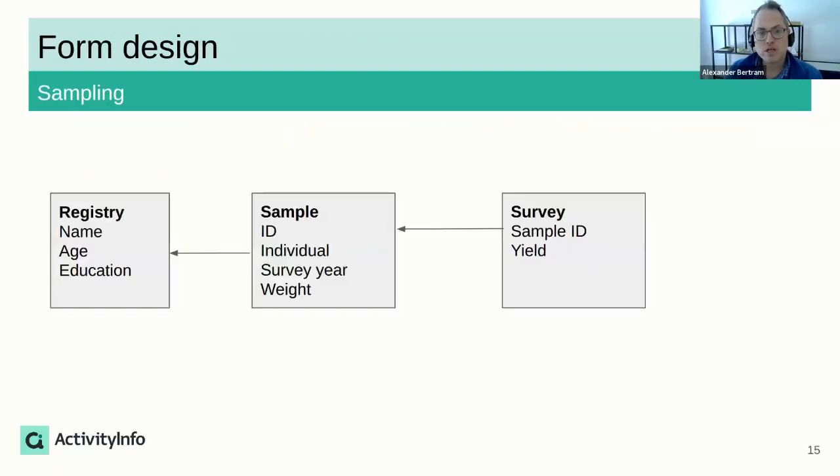So in ActivityInfo, we're going to create a chain from our registry, where we have a list of all of the farms. Then we're going to create a sample form where we have just a list of the farms that we've selected. And then we're going to link a questionnaire or survey to that sample.